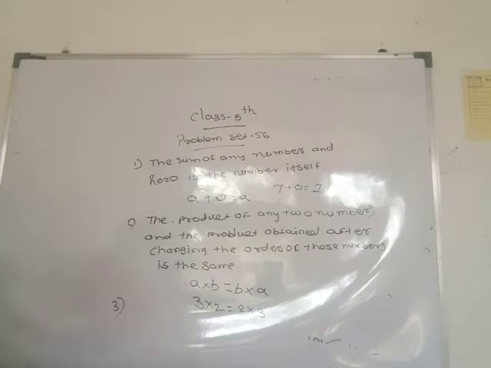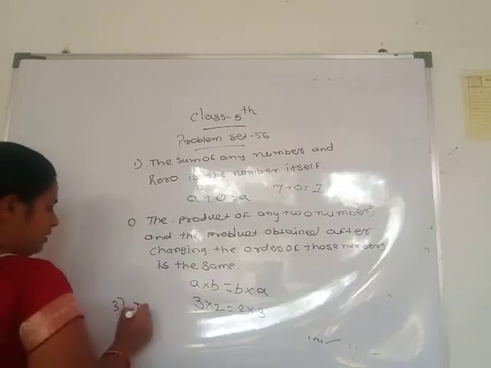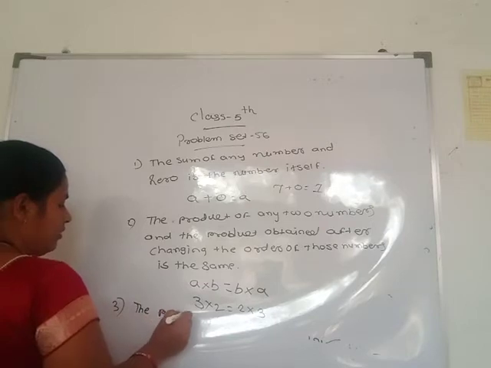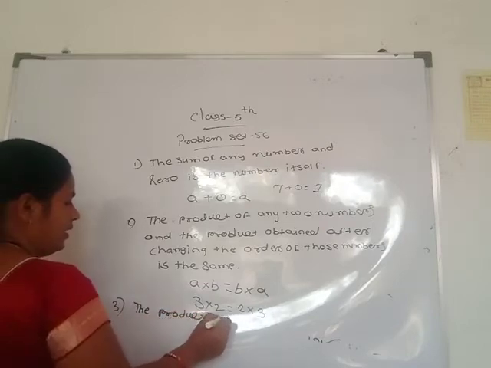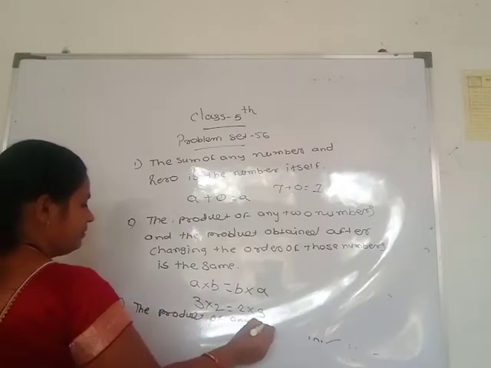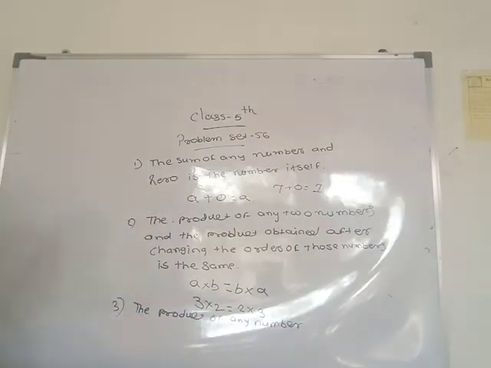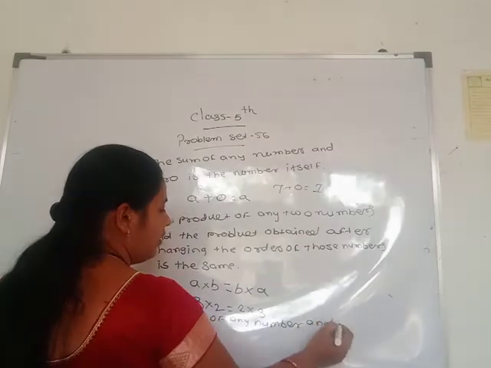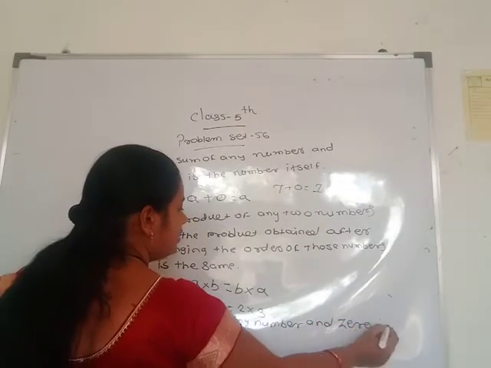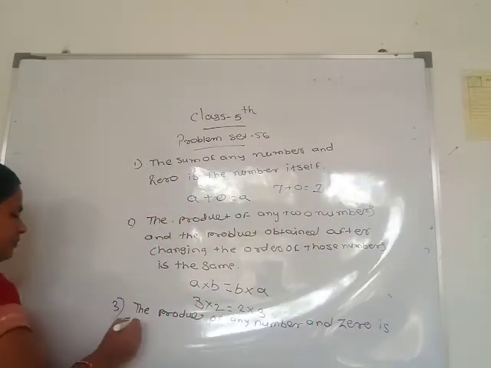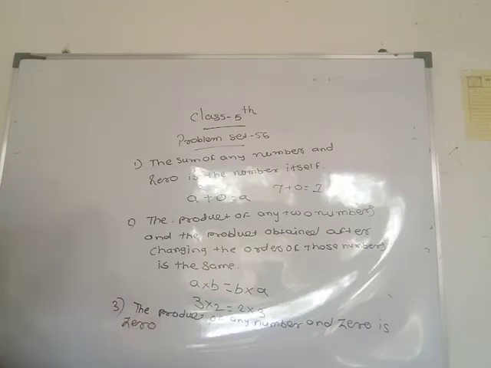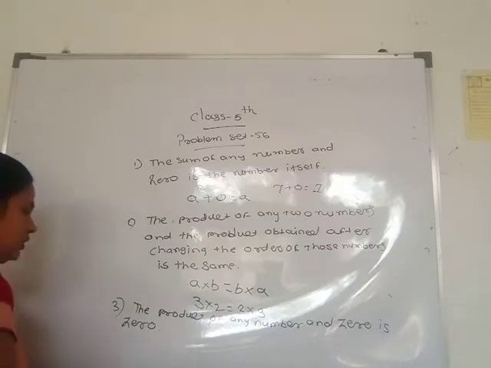Then third one. The product of any number and 0 is 0.